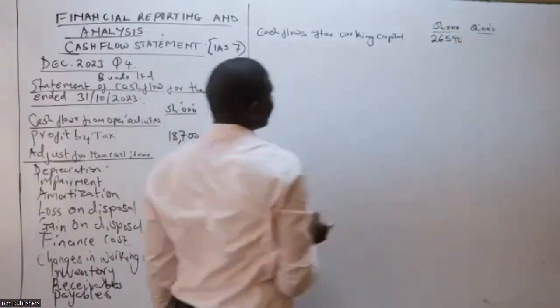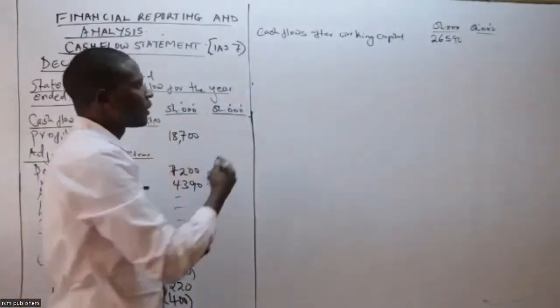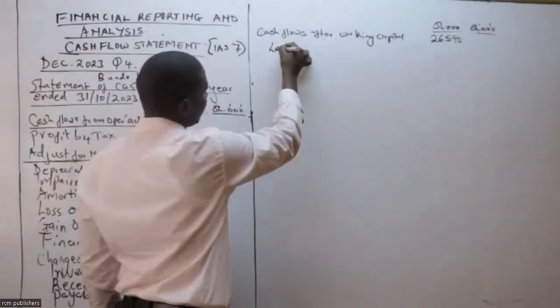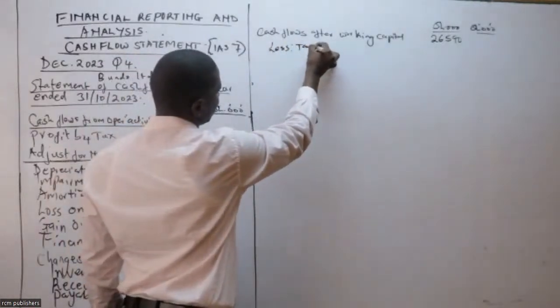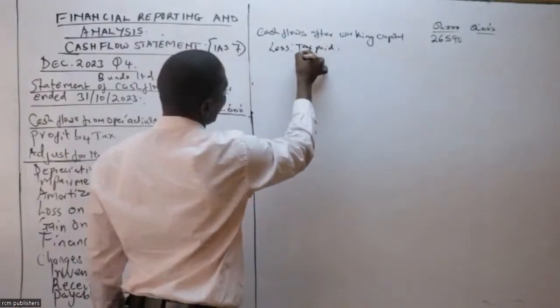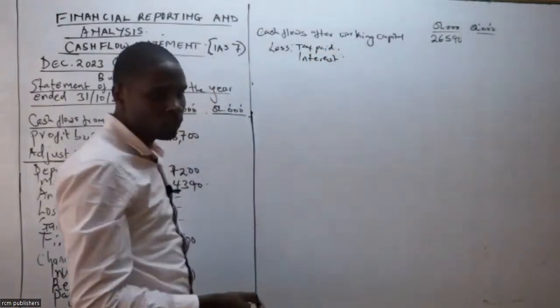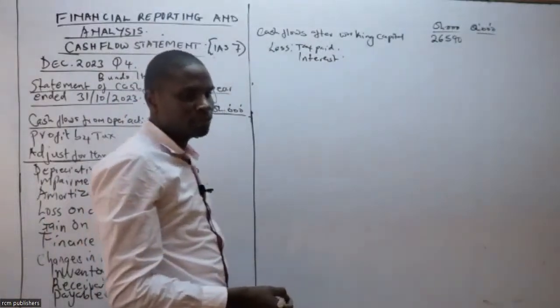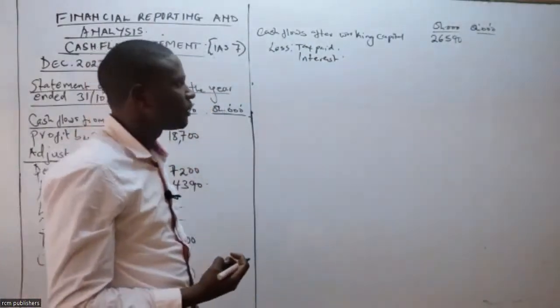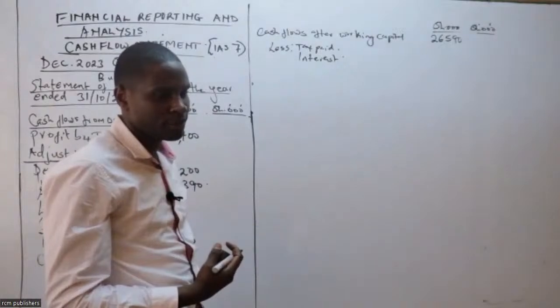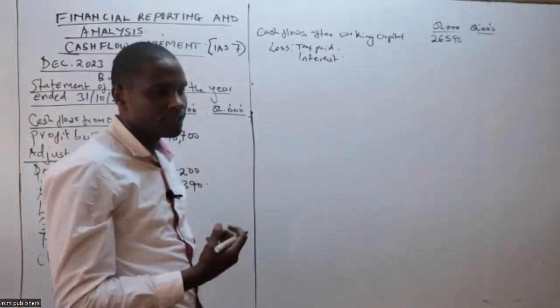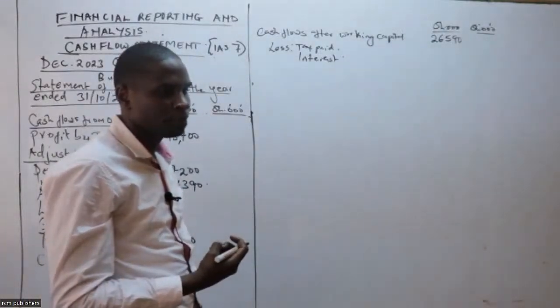Then, class, we were able to compute our tax. Less tax paid, and interest paid. Somebody remind me, how much was the tax paid? Tax paid and interest paid. Very fast, somebody.